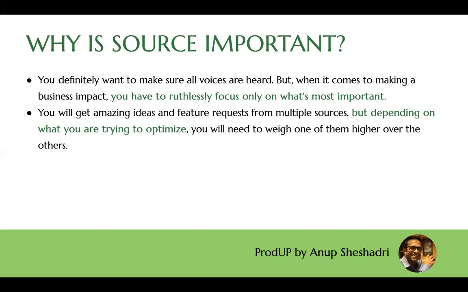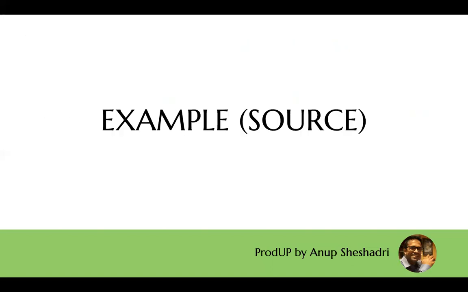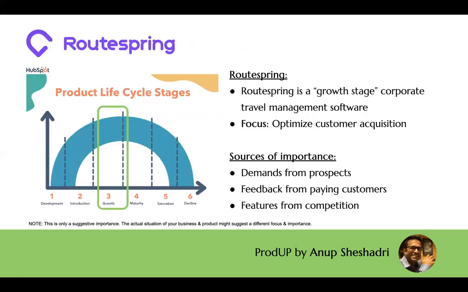But when it comes to making a business impact, you have to ruthlessly focus only on what's most important. Believe it or not, you will get amazing ideas and feature requests from multiple sources. But depending on what you're trying to optimize in the product, you will need to weigh one of them higher over the other. So let's take an example of my company, RouteSpring.